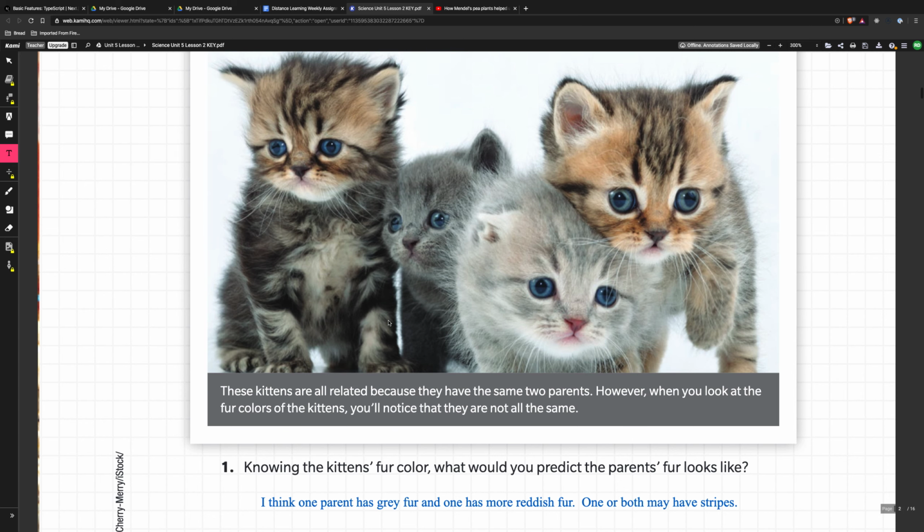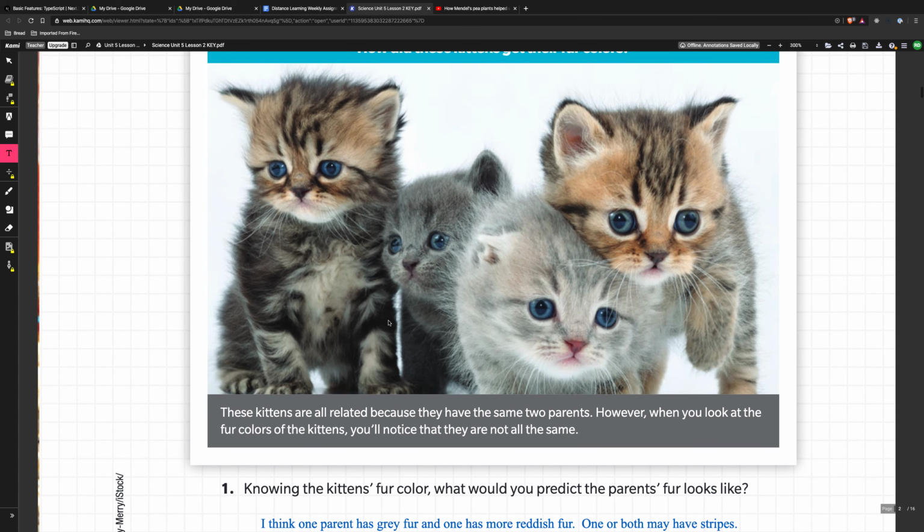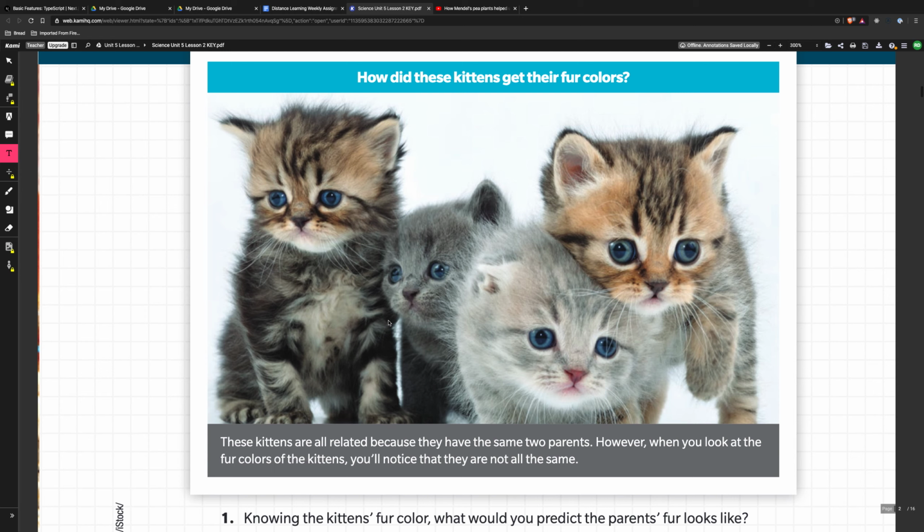So for a long time, people didn't know what genes were, but they just thought, well, obviously offspring look like their parents. Things must just get mixed up, and it happens. But why people looked similar to their parents was kind of a mystery, and that's what this lesson is about.